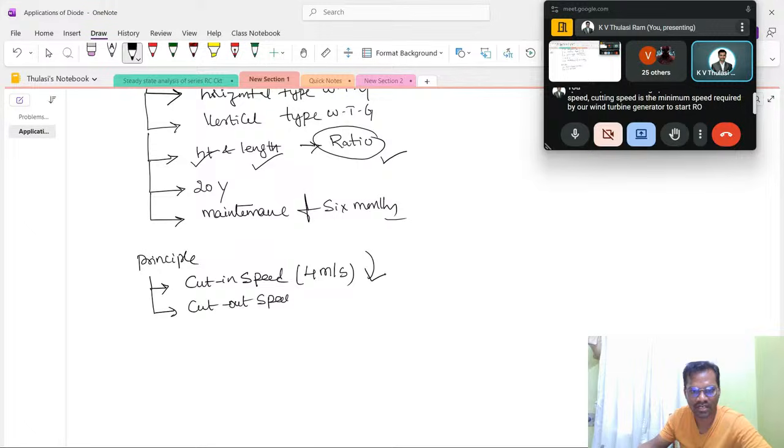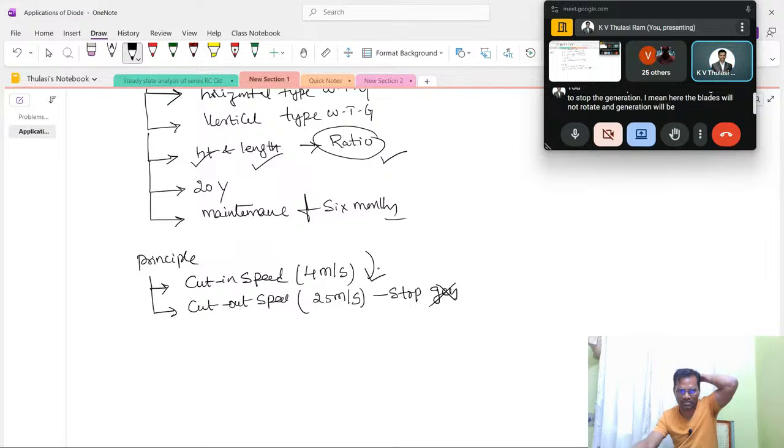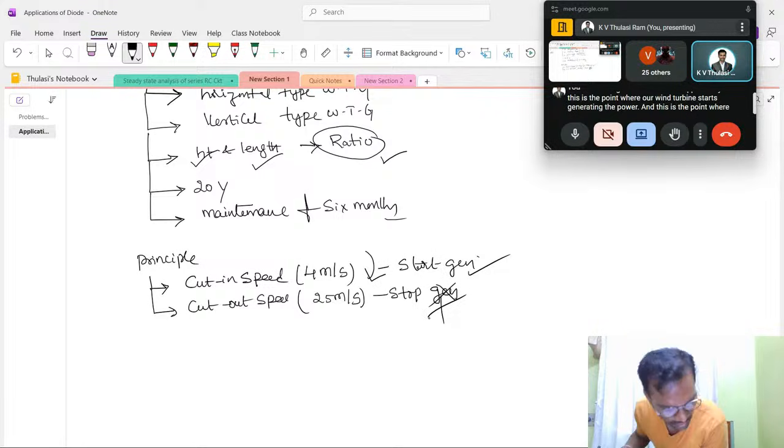Cut-out speed is the maximum speed of the wind turbine generator at which generation stops. Here the blades will not rotate and generation will be stopped. This is the point where our wind turbine starts generating power, and this is the point where it will not rotate.